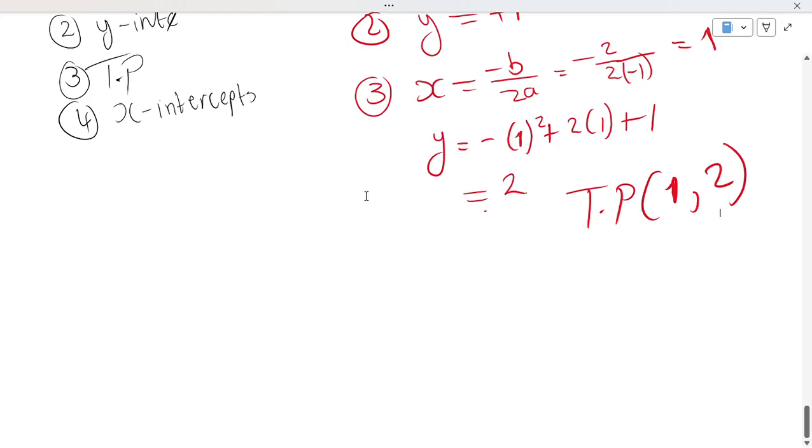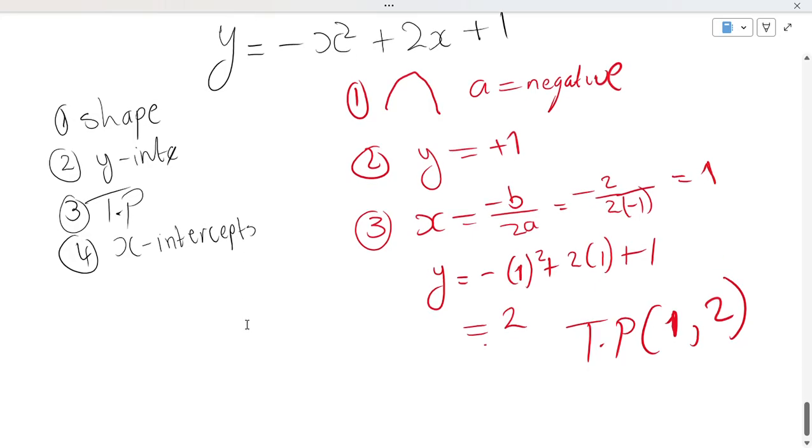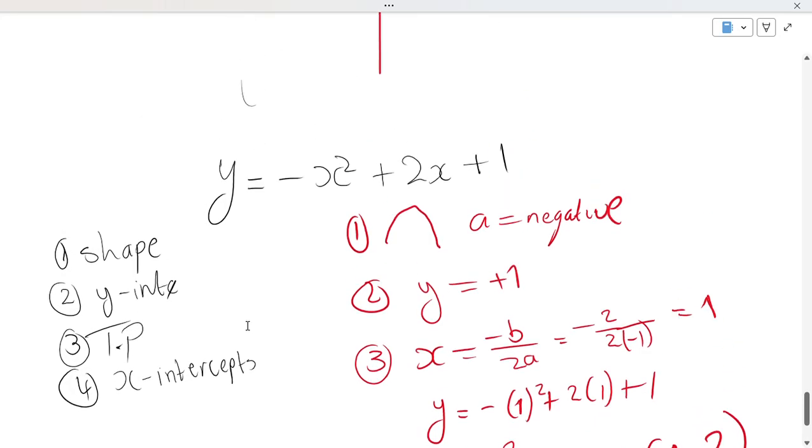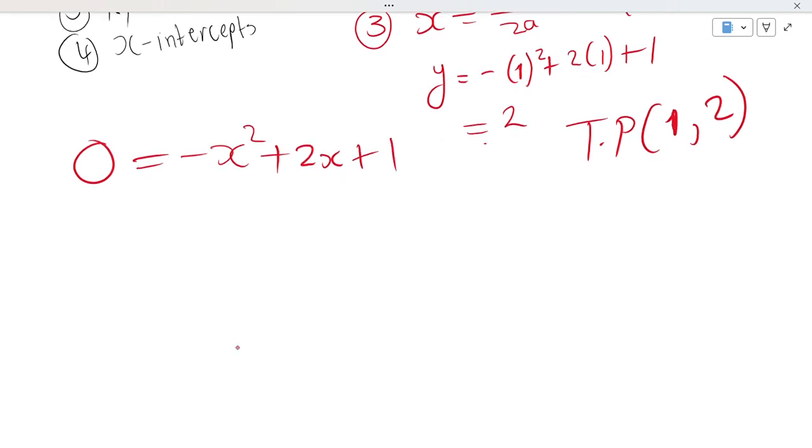And then the x-intercepts. The first value for x is negative 0.41. Basically what you're doing is solving for x with y equal to 0, right? Yes. You're going to use the quadratic formula, and you find the values.